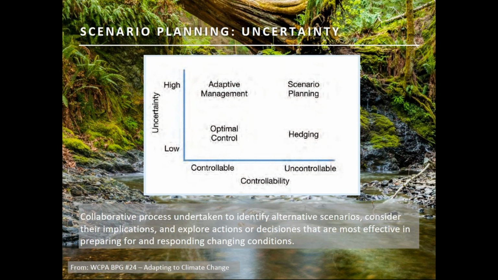So basically, scenario planning is, let's say, a collaborative process to identify alternative, different scenarios, to consider the implications of those scenarios, and then obviously explore which actions and decisions are most effective in preparing and responding for changing conditions. So this tool is pretty handy with climate change and all the uncertainty around.